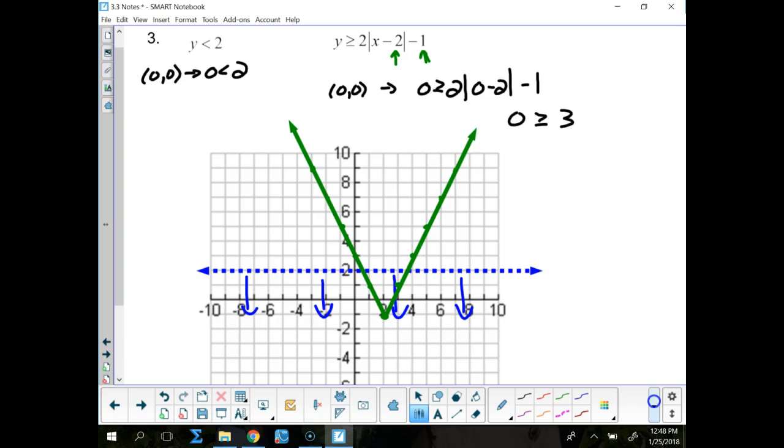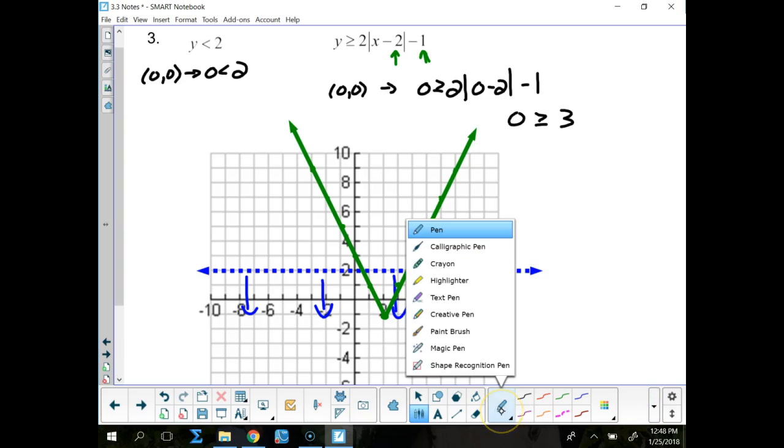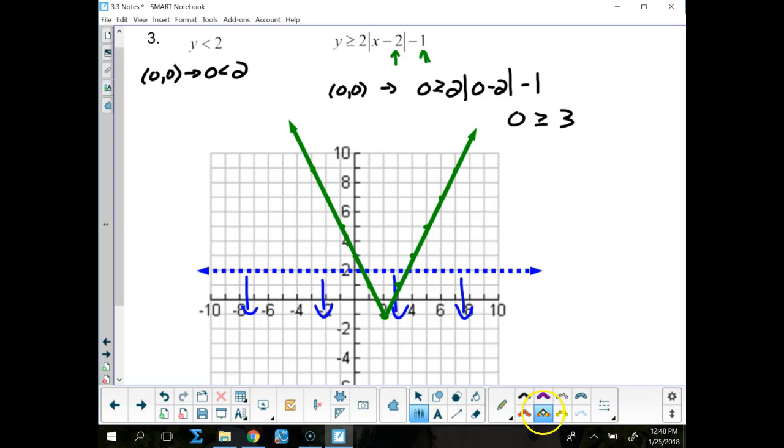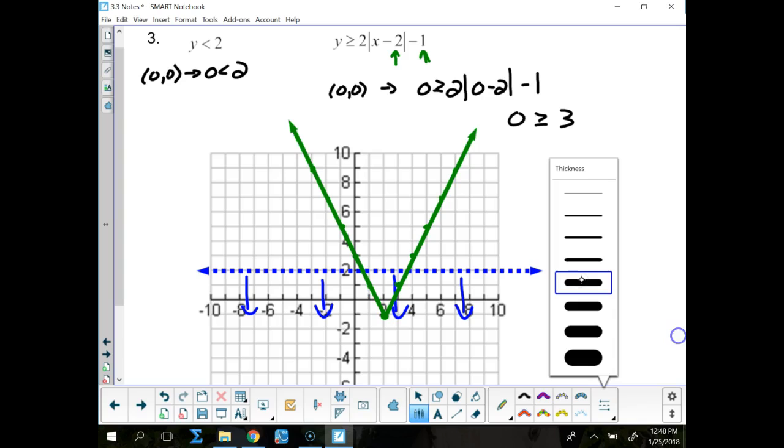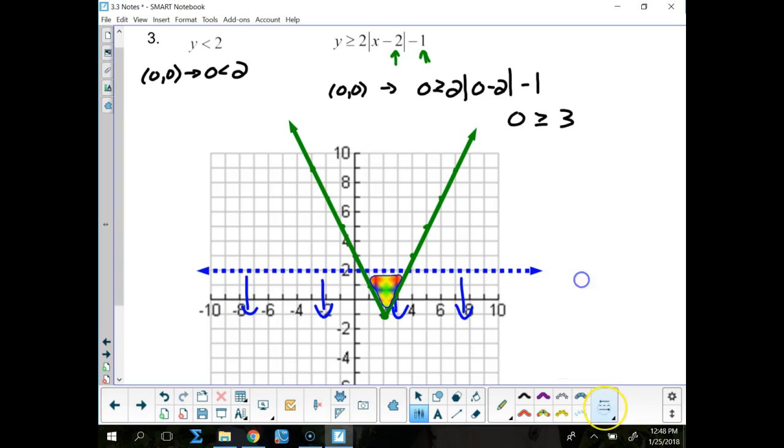Is that true or is that false? That's false. So where am I going to shade? On the inside of the V below the blue line. So just that little triangle.